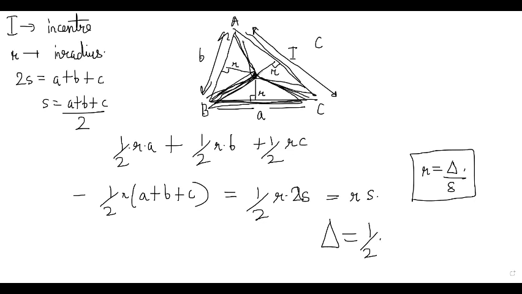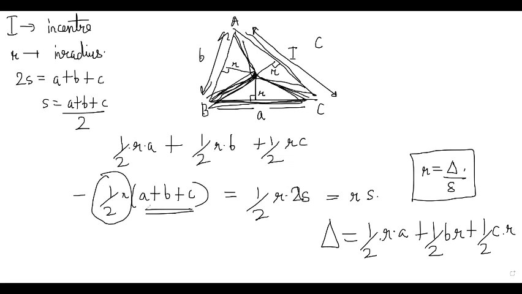So what is area of BIC? Area of BIC is half into base into height. Base is A, height is r, half into a into r plus half into b into r and half into c into r will come, no? And when you take half r common, you'll get a plus b plus c, which is equal to 2s. So you'll get delta is equal to r into s, right? Delta is the area of the biggest triangle. That is your Heron's formula.